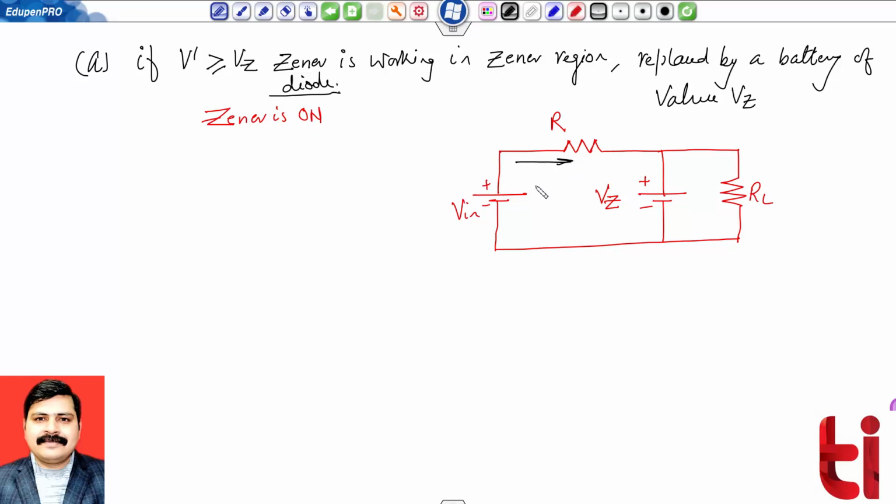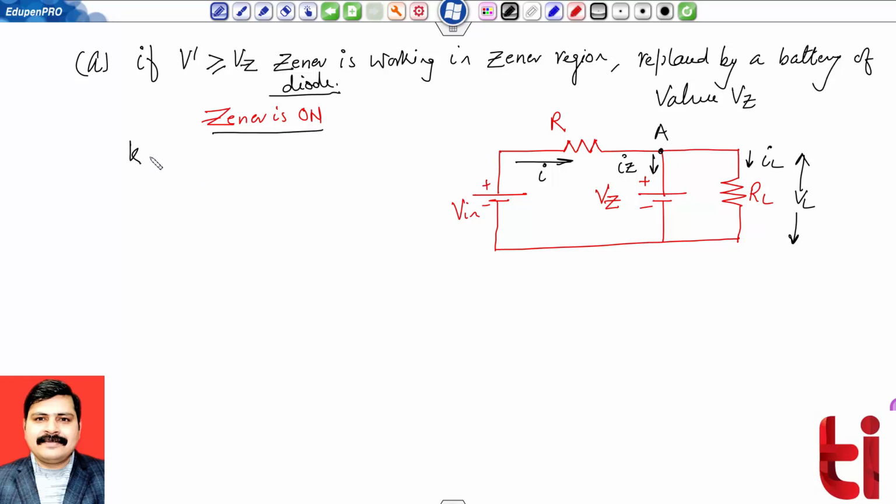Now I am drawing certain points. Suppose the current flowing through this resistance is I, the current flowing through this Zener is IZ, the current flowing through this load resistance is IL, and the voltage across the load resistance is VL. Further, this is a particular node.